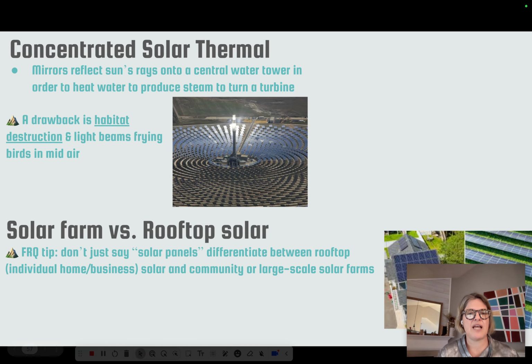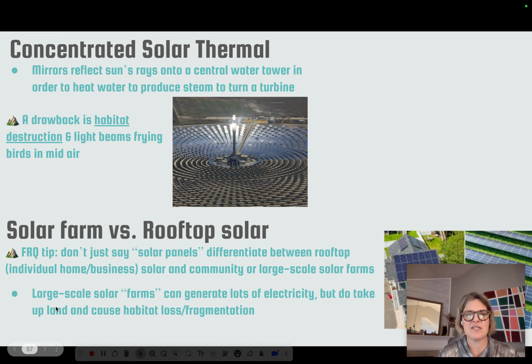Differentiate between rooftop solar or community. Are you discussing the individual use of solar panels or PV cells, or are you talking about community or large scale solar farms? So just make sure that you differentiate between those two things.